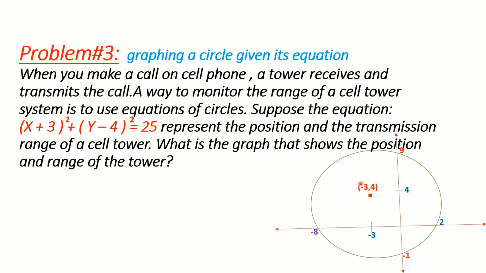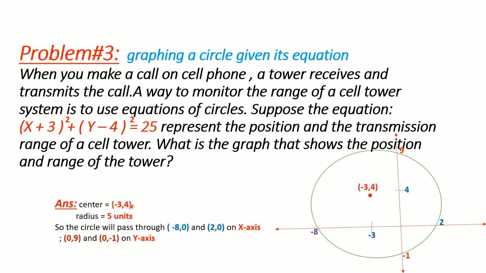Then what is the graph that shows the position and the range of the tower? Having this center and the radius of 5, what is the range that the transmission can be made from this tower? First of all, the center is (-3, 4), and the radius is 5 units. So the circle will pass through -8 and 2 on the x-axis. How do you know whether it's passing through -8 or 2?